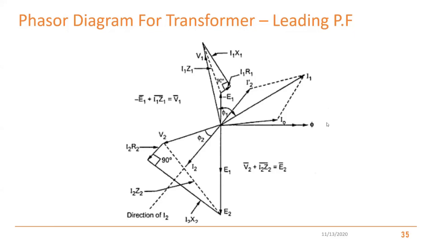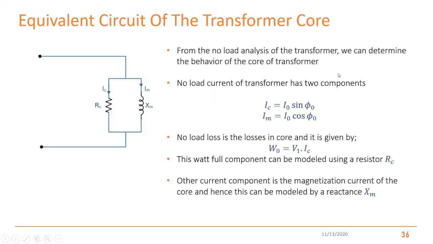Now we have individually understood every aspect of the transformer. It means not every aspect, but most aspects, such as internal resistance, core loss, and leakage flux, and we came up with solutions to analyze them.